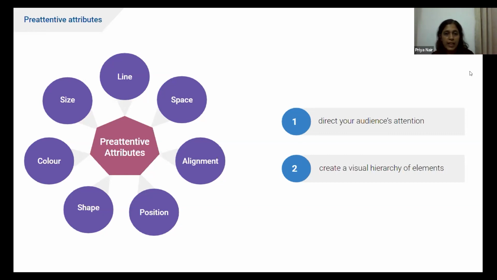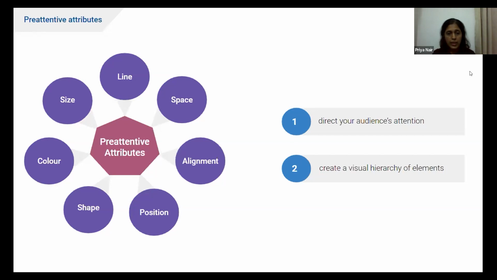So in effect, once you apply all these things, you are enabling your user to see what you want them to see, right? And also creating an aesthetic appearance to your visual and giving that experience to your end user. So that is the intention of this.